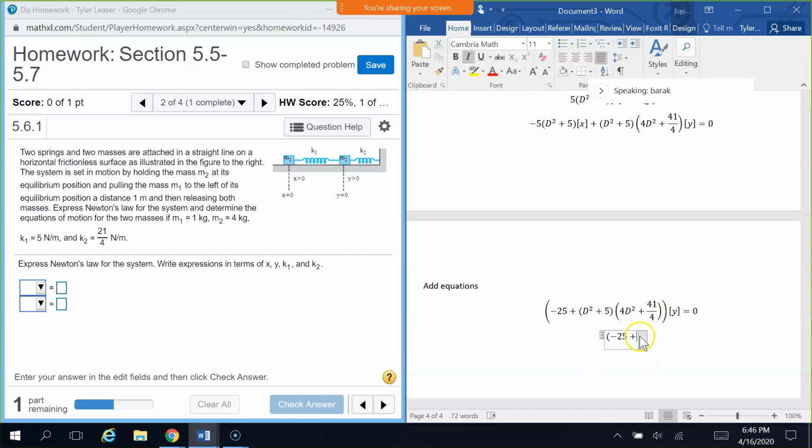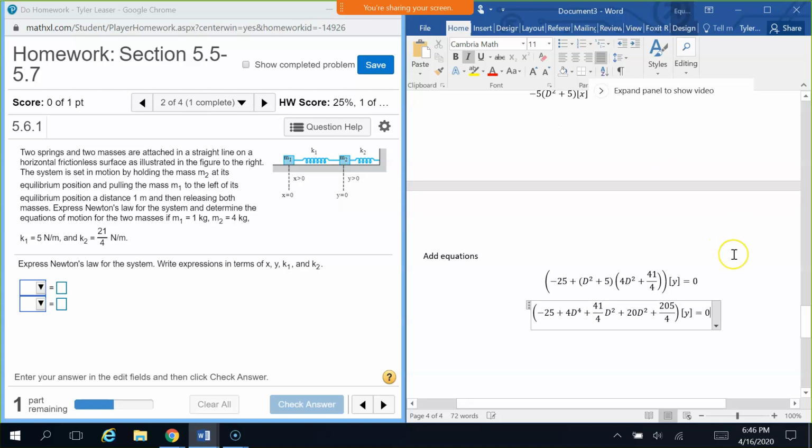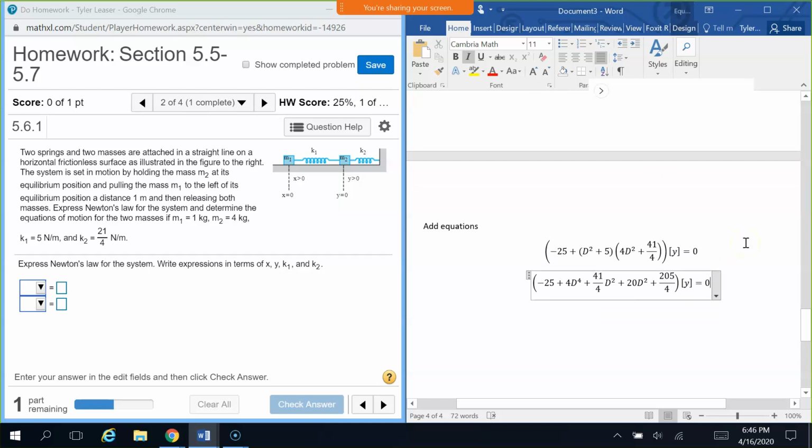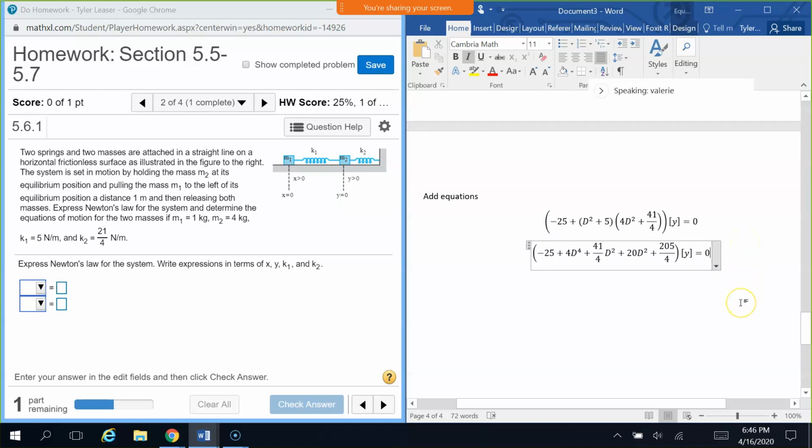It's d squared times 4d squared, which is 4d to the 4th, d squared times 41/4, plus 5 times 4d squared, plus 5 times 41/4, which I think is 205/4. And combine like terms.